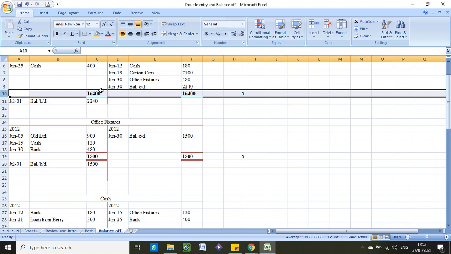If when you are doing your rough work they are not the same, then you need to do the calculation whereby you do largest number minus smallest number to get these two to balance off, to make them the same. And the difference, you insert that wherever you have the smallest total, and then they should equal each other. Remember that the balance carried down and brought down will always be on the opposite side.